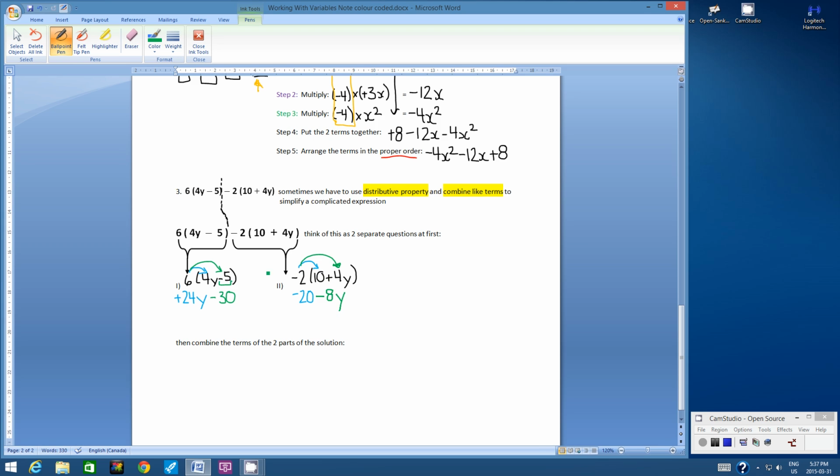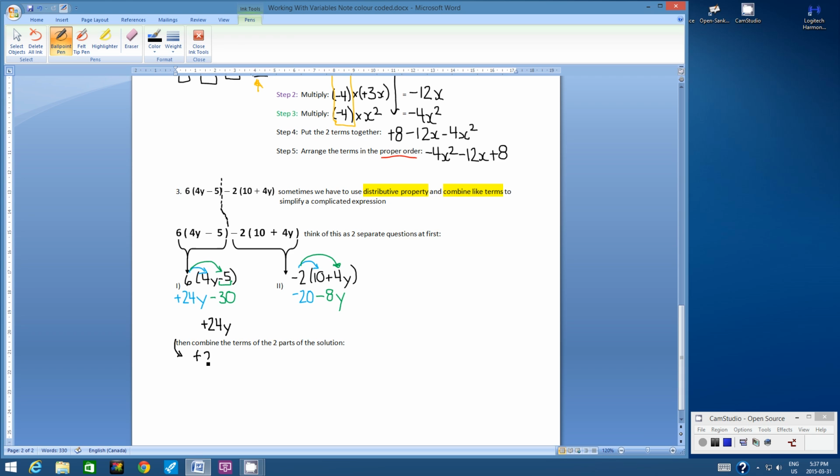Okay? All right. So now, let's combine everything that we have. Actually, let's do that below here. I apologize. It says here, I've got a little clue here: then combine the terms of the two parts of the solution. Sorry about that.